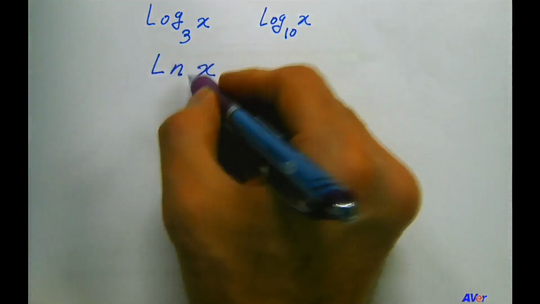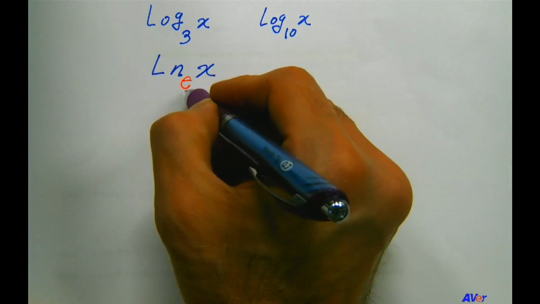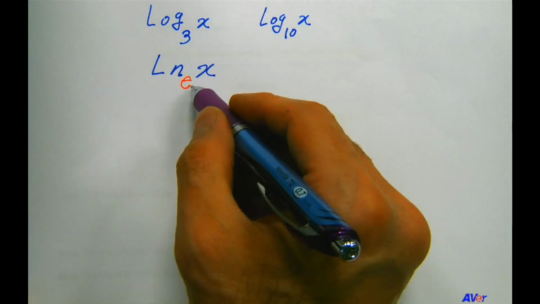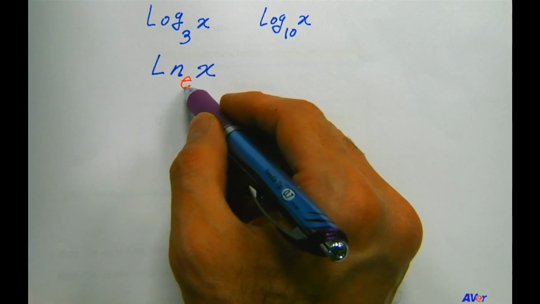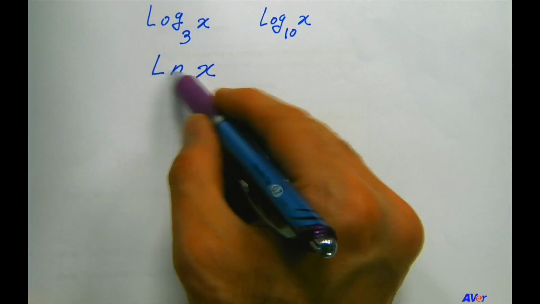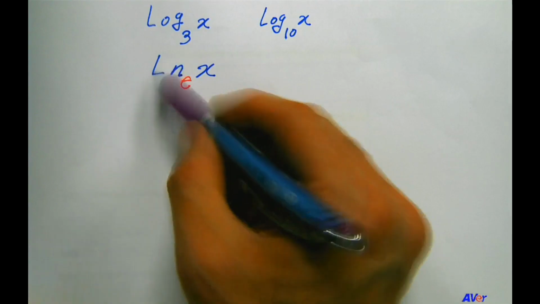So if it's missing, that means the base is e. And you already know what e is, right? We talked about the natural exponential function in the last video. Remember when we talked about e? So the base of the natural log function is e.